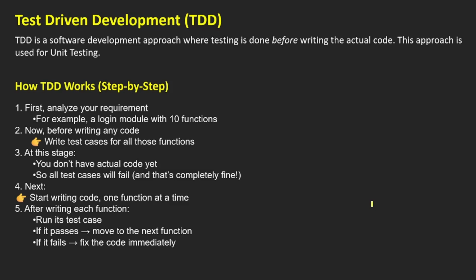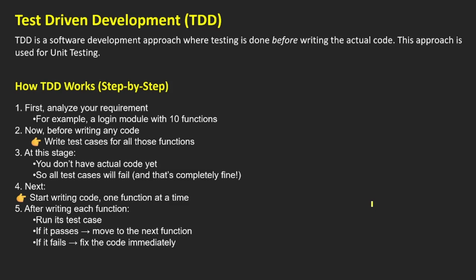And finally, you will test it with different inputs. You will provide 5 plus 7, 10 plus 20 and so on, a set of inputs so that you can test if your addition program is working correctly or not. This is the traditional approach where you first do the development and then you do the testing.